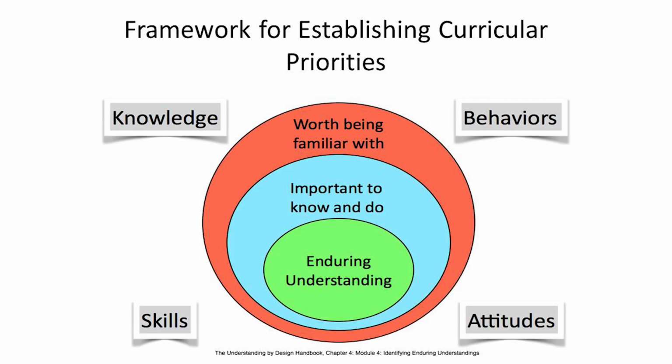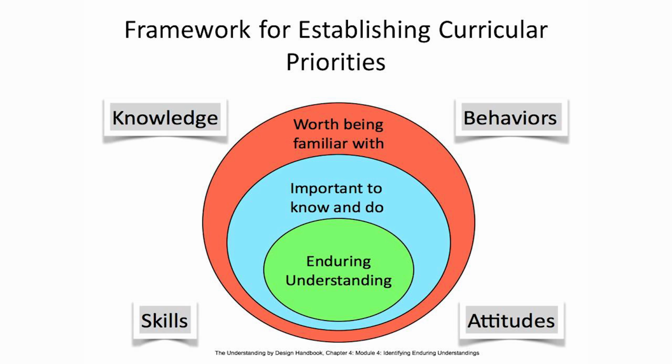Okay, so the idea of doing this is a way to establish curricular priorities. And this comes from the Wiggins and McTighe model. If you go through your course, or if you're developing a new course, you really ask: what are the big ideas I want my students to know? What science practices or engineering practices do I want them to have?